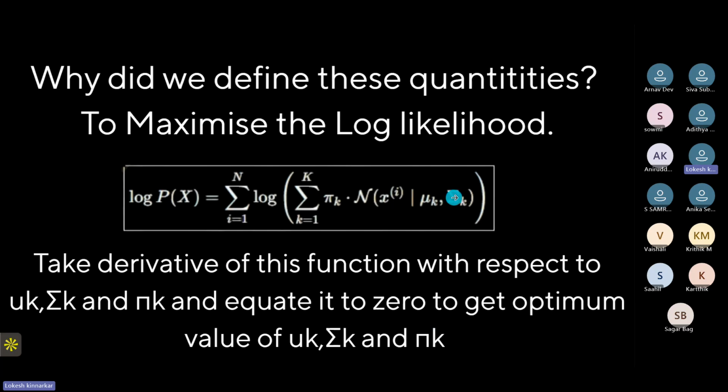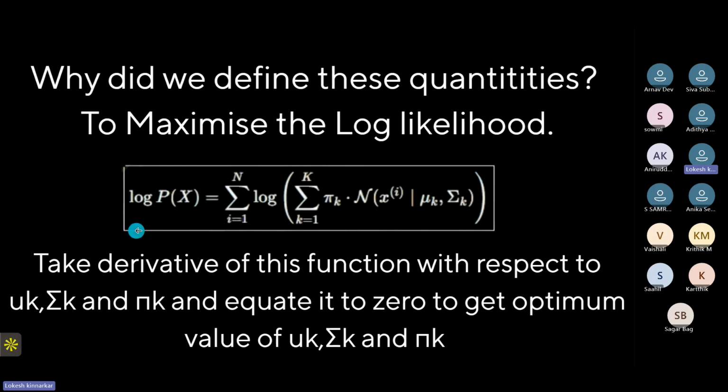Since you are updating these values, these distributions will keep on changing. So you need something such that if you take the derivative with respect to mu k, only the mu k term appears in it instead of all these sigma k's and pi k's. Since you will be taking the derivative with respect to mu k, all those other quantities will become zero. So you can easily compute the maxima.